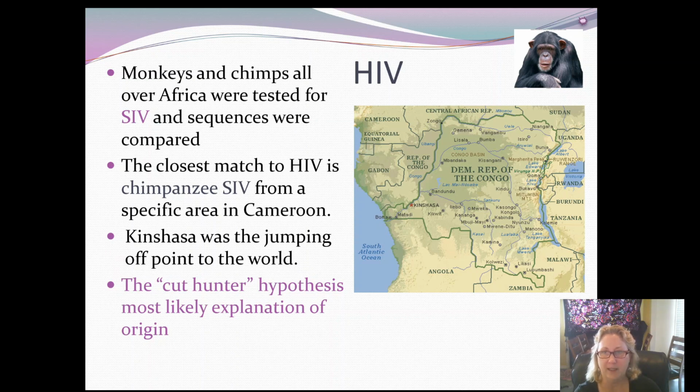It's highly unlikely that it was intentionally released into the human population, because before the discovery of HIV, it was not thought that retroviruses could cause disease in humans. So if somebody was developing some kind of a germ warfare agent, they would not have picked a retrovirus, because nobody thought that they would cause disease in humans.